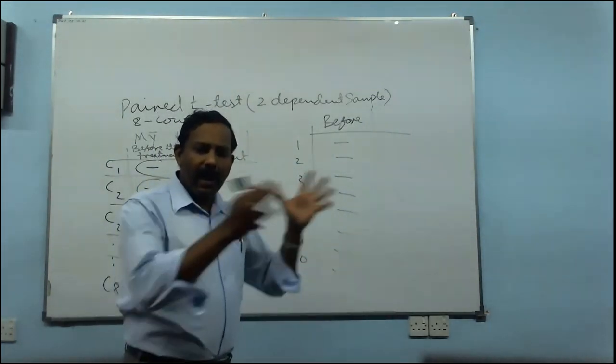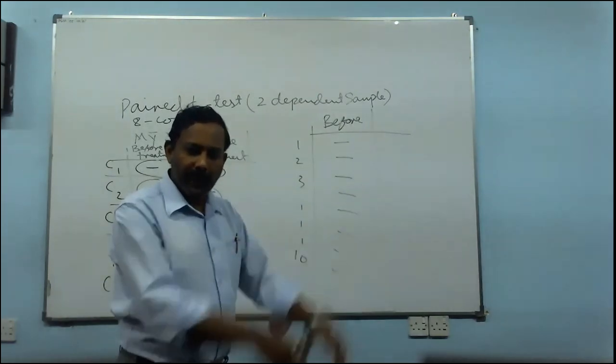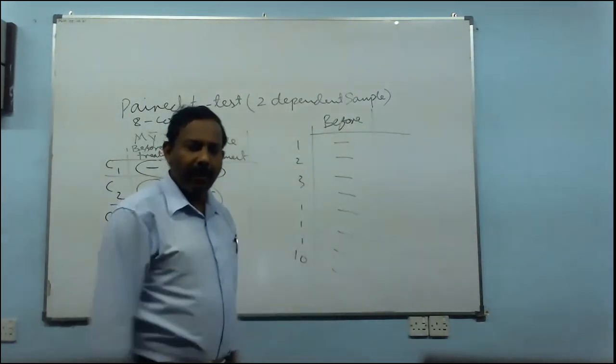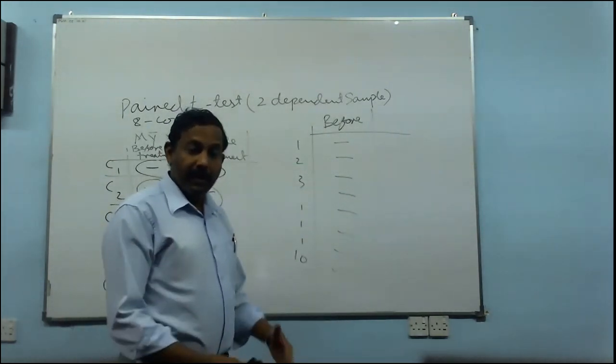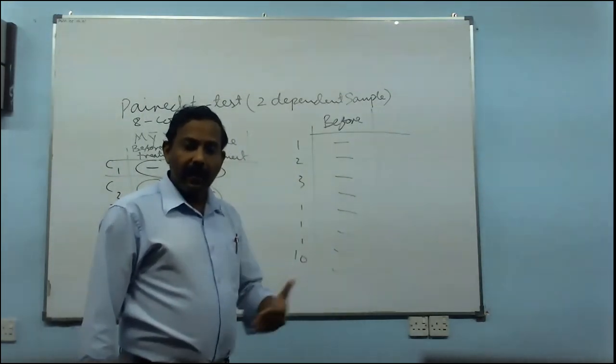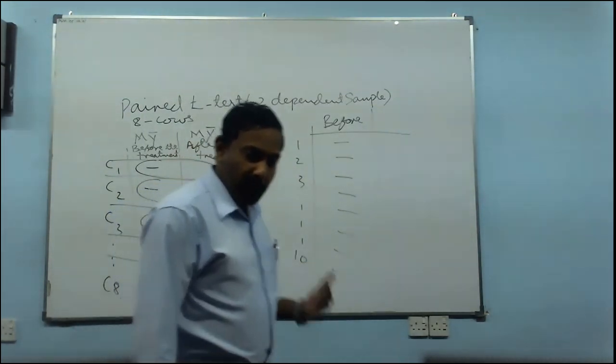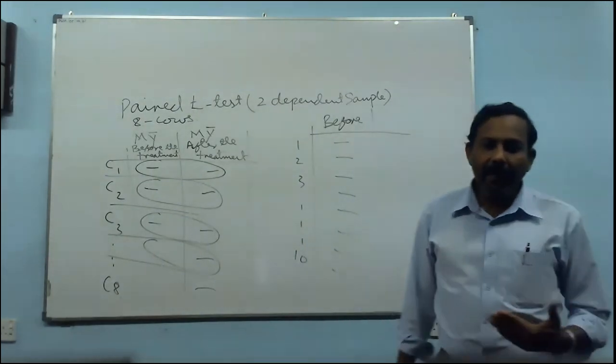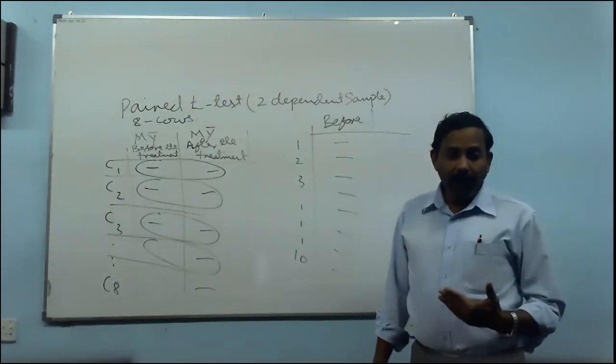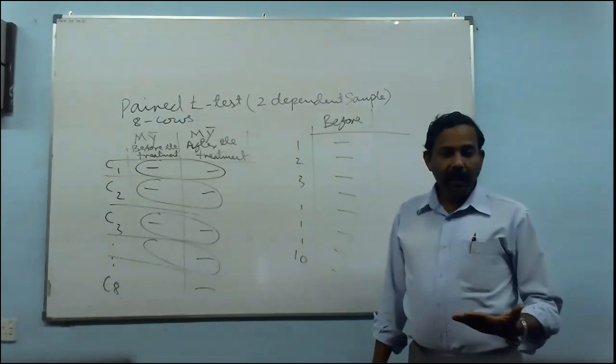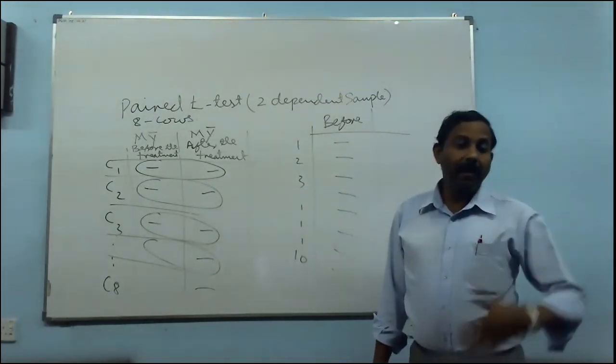Now we are giving some subsidies or some kind of help to the farmers, expecting that they will be better off in livelihood in the future, maybe after 1 year.